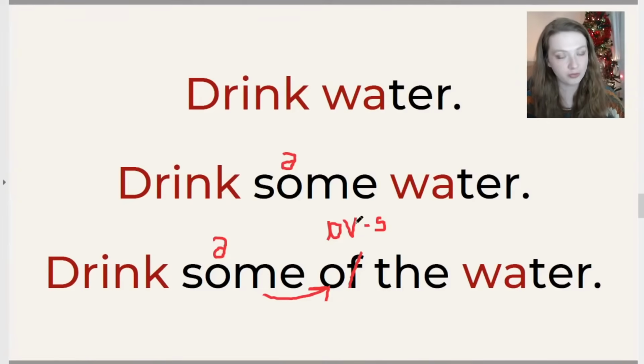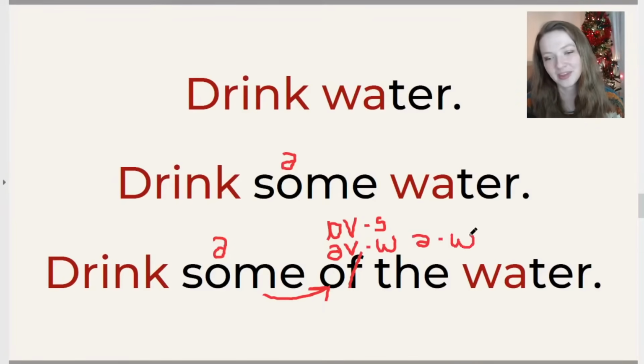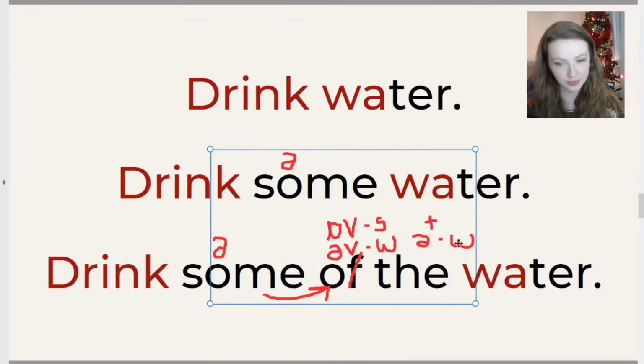Of is the strong form. Of is the weak form. And now you're thinking, but hold on, Emma, you said... Yes, that's also another weak form. So this one here, with some other, tends to come when the next word starts with a consonant sound.